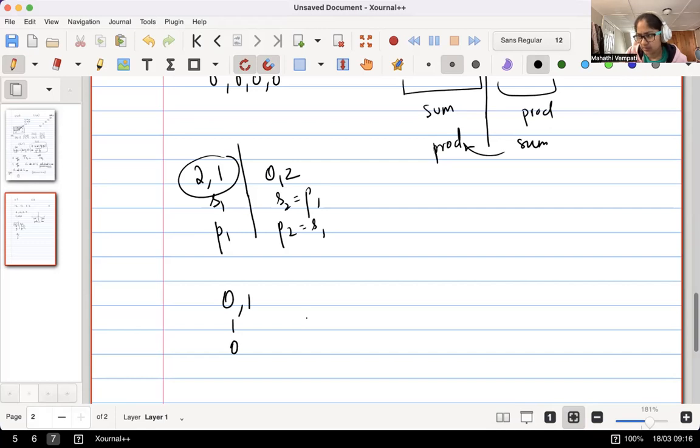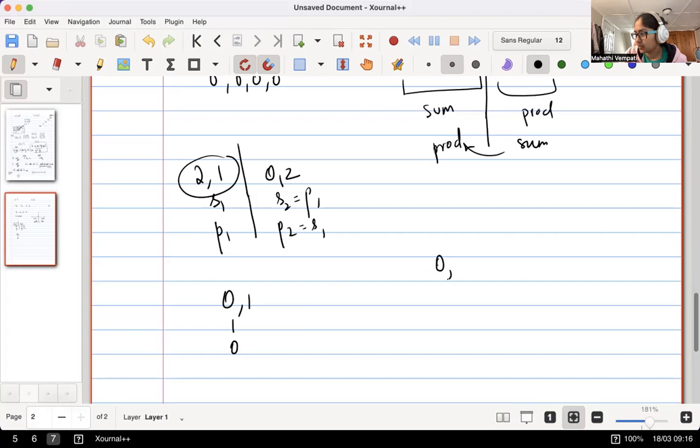Which is not possible because they have to be of opposite signs if their sum is 0, and they have to be of same signs if their product is 1.